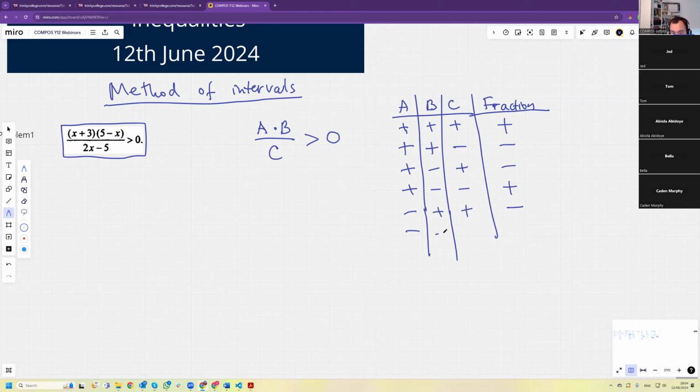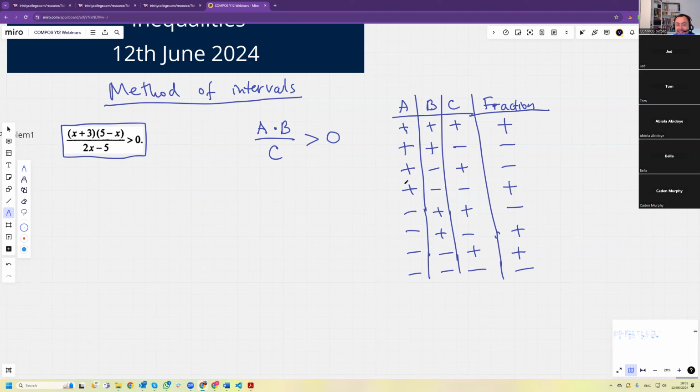Negative, positive, negative is going to be positive. Negative, negative, positive is going to be positive. And if A is negative, B is negative, and C is negative, it's going to be negative. It's not the easiest way to do that, of course.